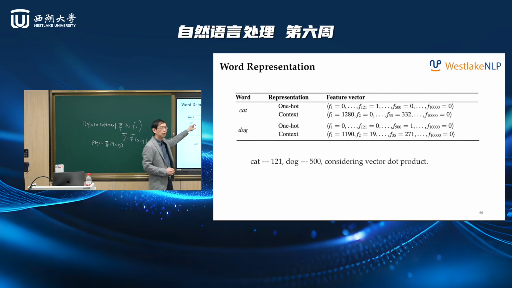So you will see that when you use the word counts in the context to represent the 2 words, cat and dog can be similar, because their co-occurring words are similar.